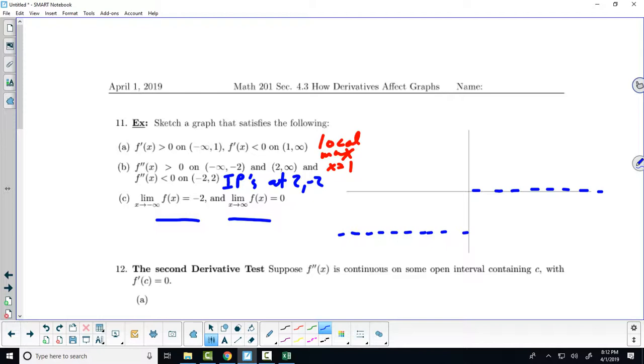Almost. It looks like you actually got an inflection point right here. You see that? Right here it's concave up, but right here it's concave down, right? So you put an inflection point right there. It should keep going up in that manner until it gets to -2.